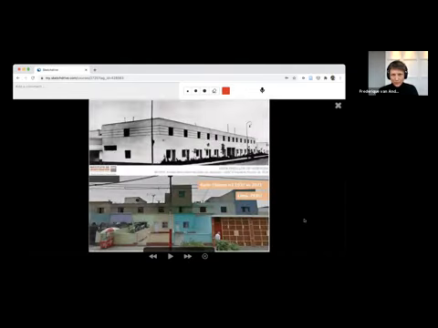This is a project uploaded by Diego. It's workers' housing in Lima, Peru. This is a typical example of perfectly planned housing. But then over the years, extensions took place. But the problems were less dramatic because these are individual plots.